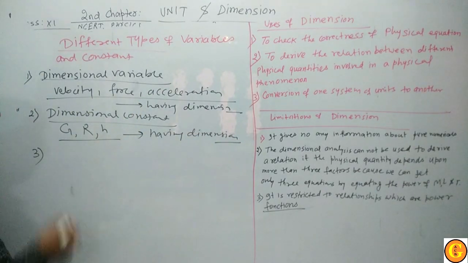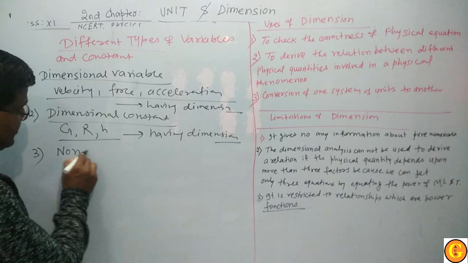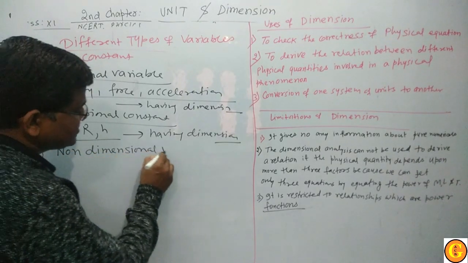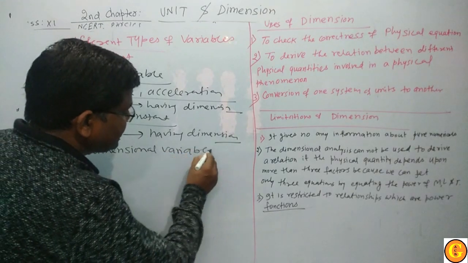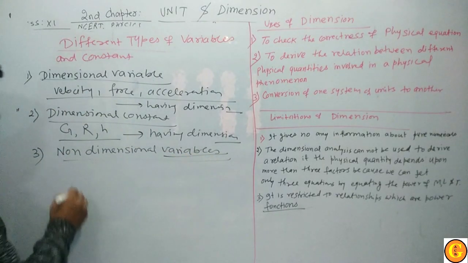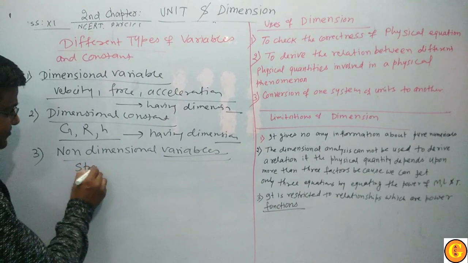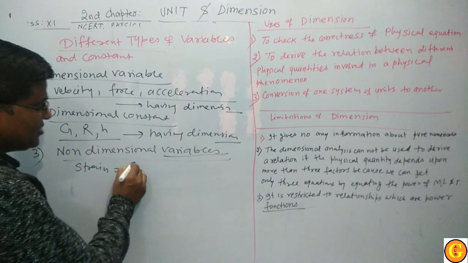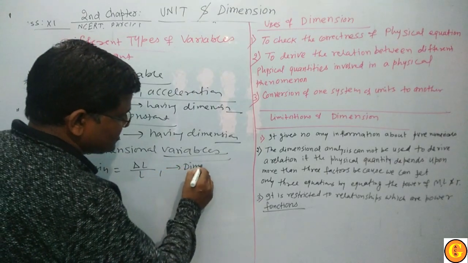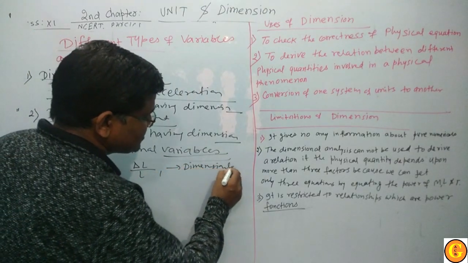And third is non-dimensional variable. Non-dimensional variables are variable quantities like strain. Strain is equal to change in length by length, so it is dimensionless.